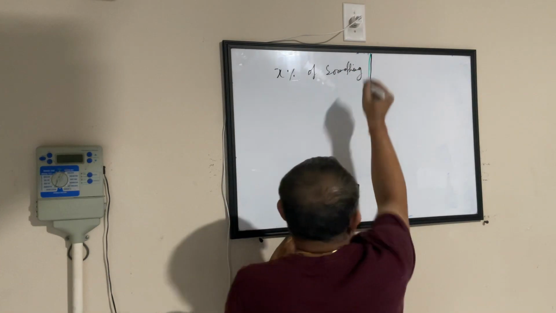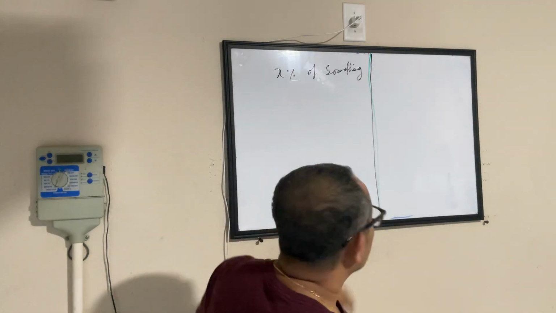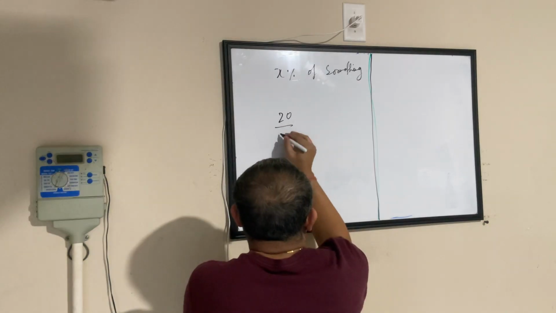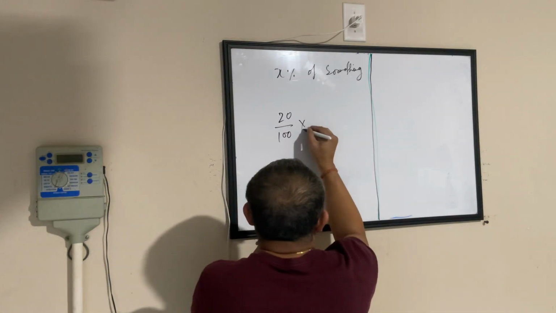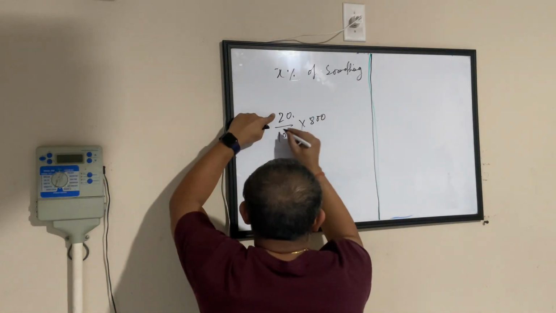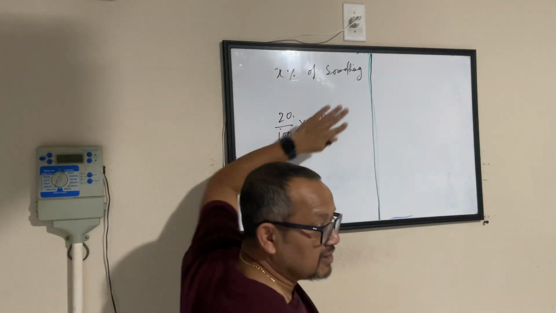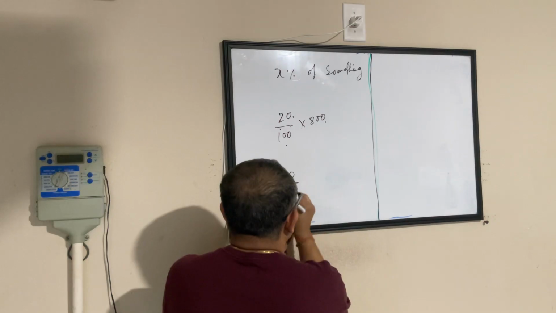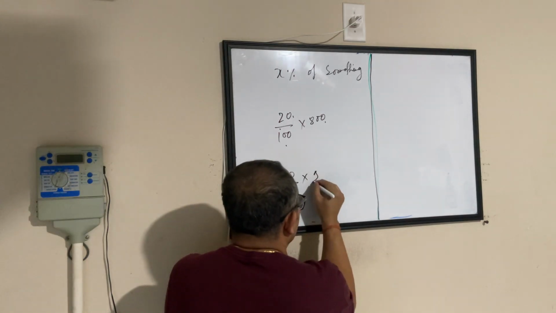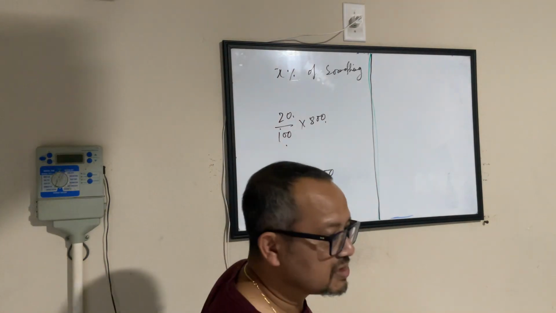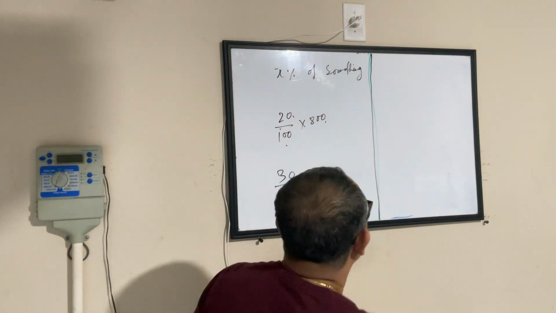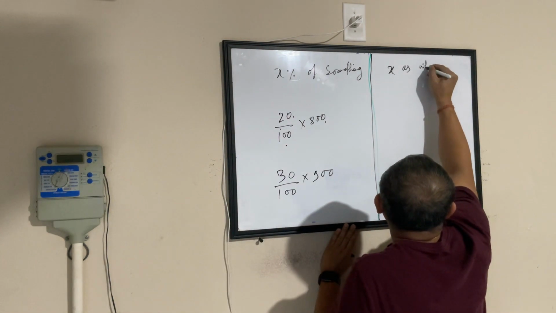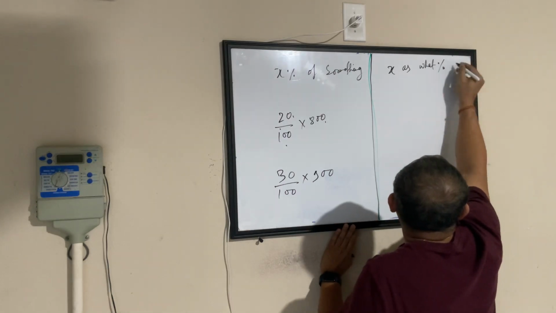Meaning, if I say 20% of 800, and you calculate it that way. I say 30% of 900. Just do it. Second thing is, you have X as what percent of Y.